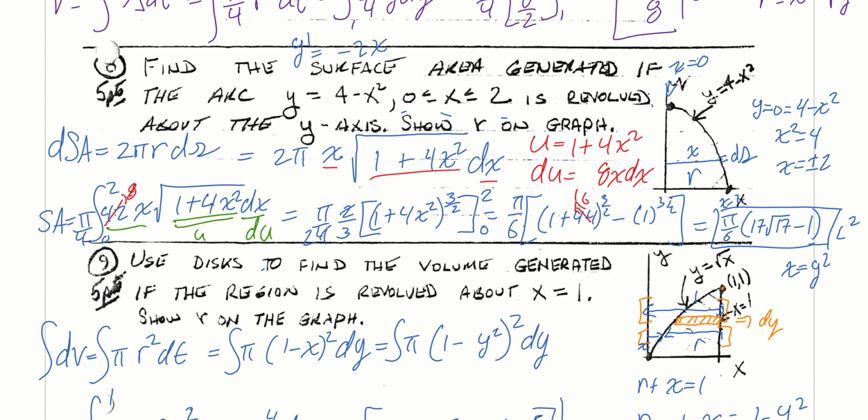For surface area, it's always going to be 2 pi r ds. r is going to be the perpendicular distance from your axis of rotation, and ds is going to be that infinitesimal length for each of your rotations. This is a length squared because it's for surface area. I know you think, oh, I should have double the surface area here because I have the outside and the inside.